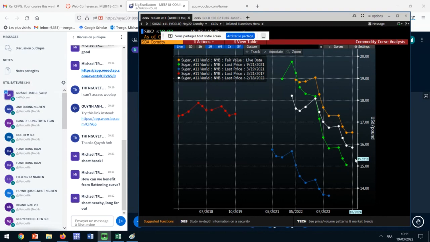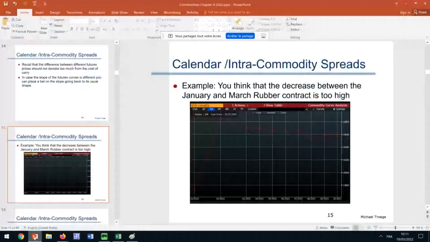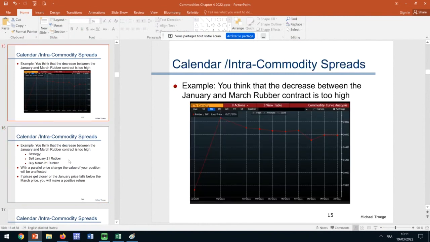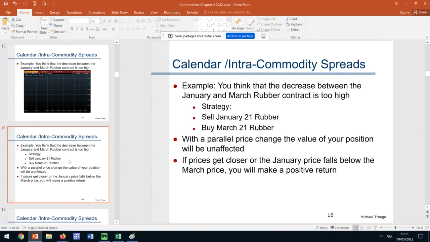I'm not sure that you can do this as a retail trader, but it looks like a good strategy. Okay. So this is what I'm doing here, for the rubber contract. But it's the same kind of idea.